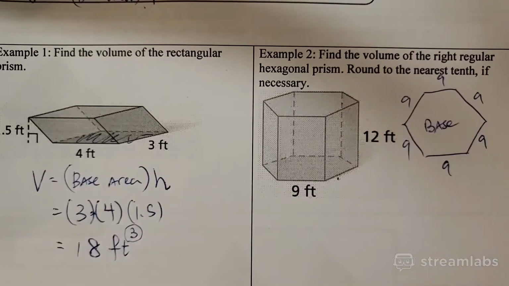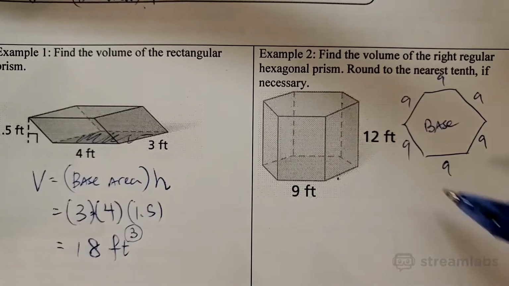Remember how to do this? This is from a few sections ago, right? We were doing regular polygon area. This is a good time to review. Okay? Can you tell me, type in the comments, how do I calculate the area of a base that is a regular hexagon?